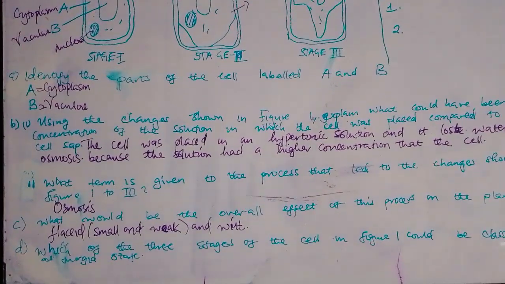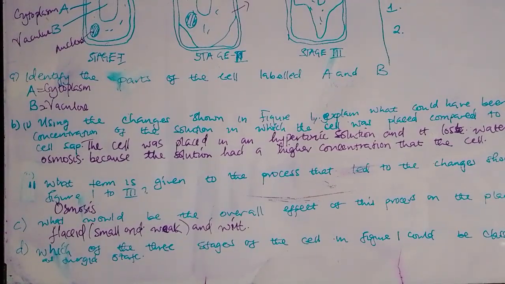Then the other question is saying, which of the three stages of the cell in figure 1 could be classified as turgid? The turgid state is the condition where the protoplasm of a plant is pressed against the cell wall. Whenever you hear the word turgid, just remember that the protoplasm is pressed against the cell wall.